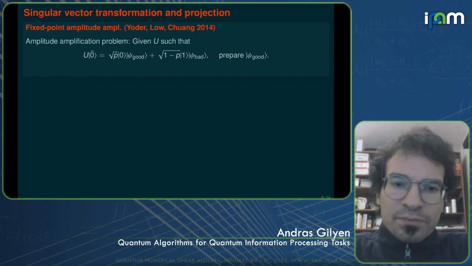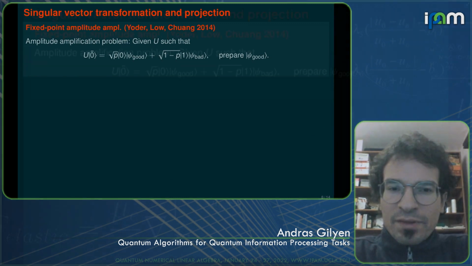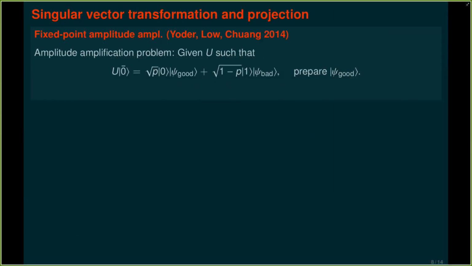Yes, and now a few more words on this fixed point amplitude amplification. So the basic problem is that we are given some quantum algorithm, a unitary U basically, that prepares with some probability p a good state and marks it, say, with a 0, saying that it's the good state, and if it doesn't succeed, then it produces some bad state. But we focus on the good state, and we just want to prepare this psi good. That's the goal.